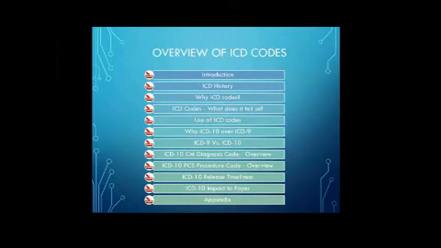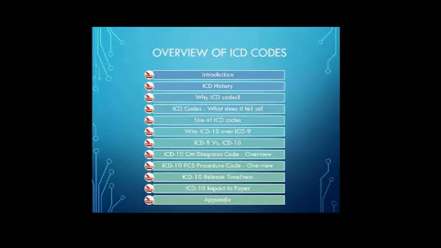As part of the agenda and curriculum, what we are going to talk about is the introduction, what exactly ICD 10 is all about, the ICD 10 history, why the diagnosis codes are used, where these codes are used, what information we receive by using the diagnosis code, and the difference between ICD 9 and ICD 10.